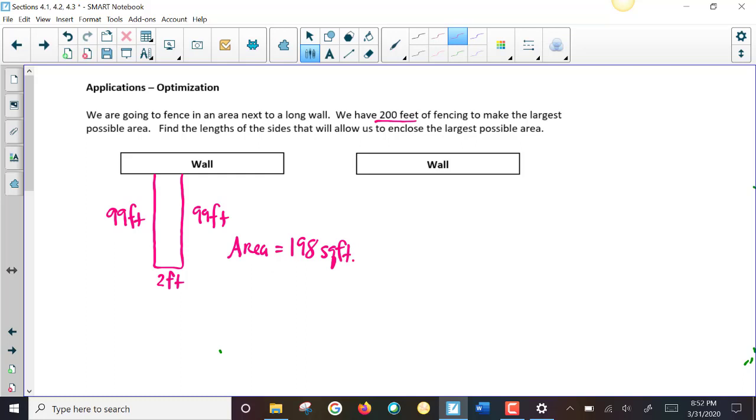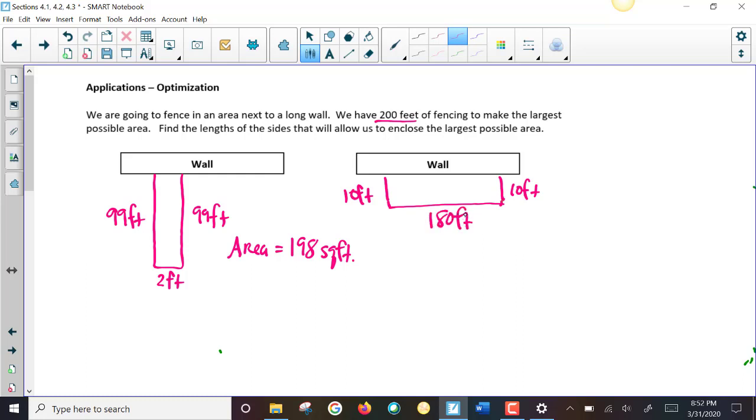Okay, so what if we went the other direction? We said, okay, let's make these two parallel sides smaller and this third side a little bit longer. So if I make this side 10 feet and this side 10 feet, then 200 minus 10 minus 10, or 200 minus 20 is 180.